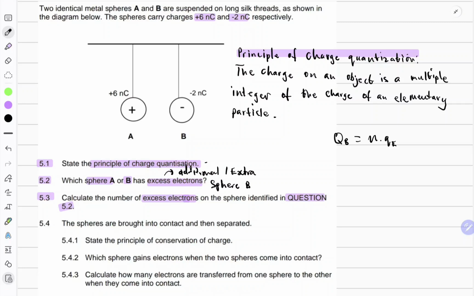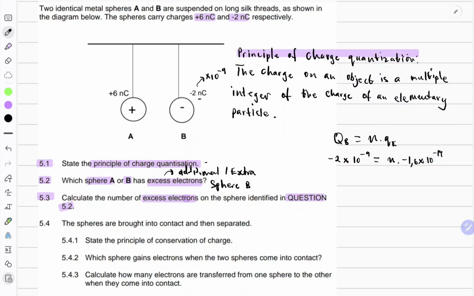So QB is negative 2 nanocoulomb. Nano here stands for times 10 to the power of negative 9. So it's negative 2 times 10 to the power of negative 9 coulomb equals the number of electrons times the charge of one electron, which is negative 1,6 times 10 to the power of negative 19 coulomb.